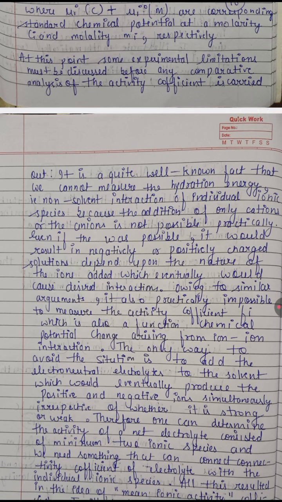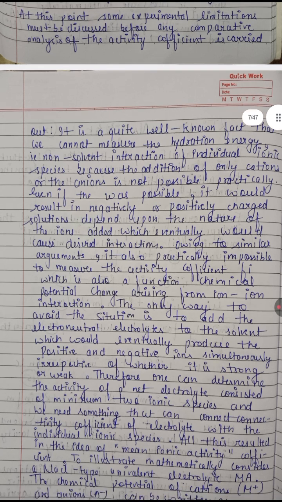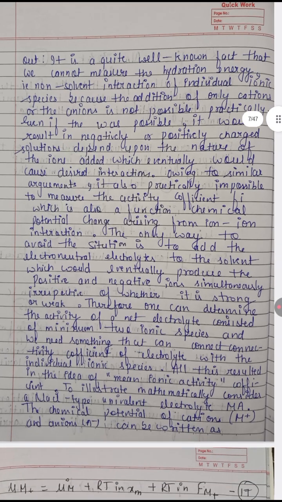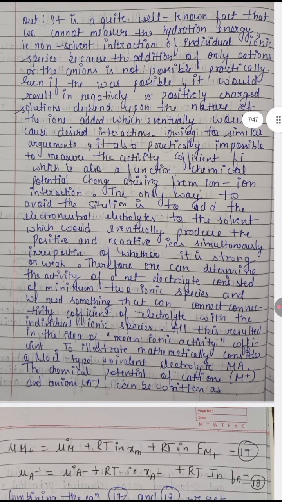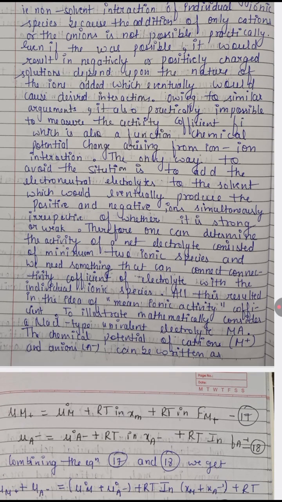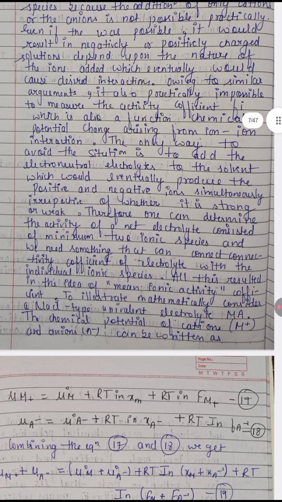At this point, some experimental limitations must be discussed before any comparative analysis of the activity coefficient is carried out. It is a quite well-known fact that we cannot measure the hydration energy, that is ion-solvent interaction, of individual ionic species, because the addition of only cations or anions is not practically possible.